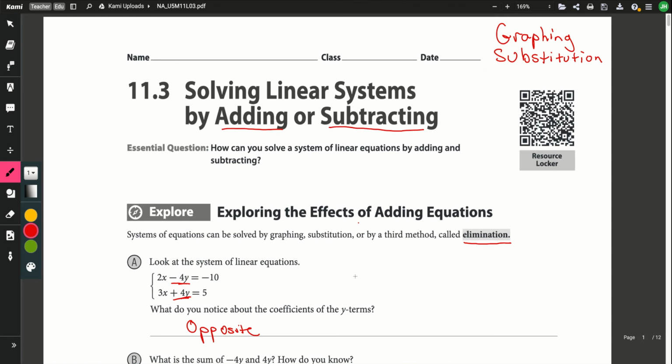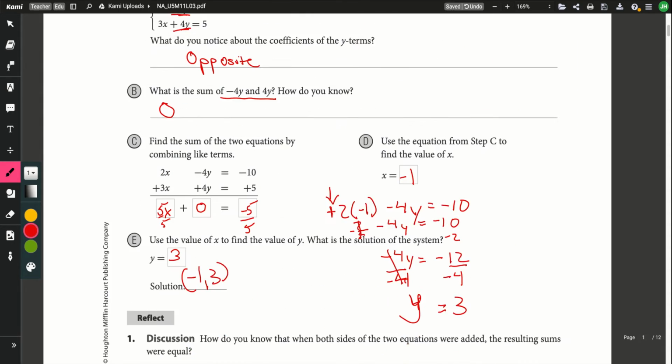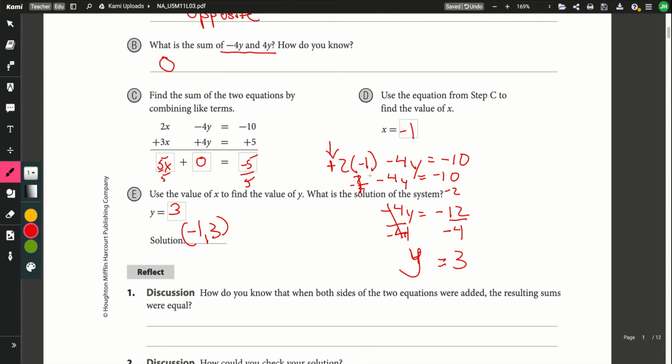That's not a negative 2, that's a positive 2. And so if that's a positive 2, then this is a positive 2 times a negative 1. That's a negative 2. To get it to the other side, you add 2. Negative 10 plus 2 is not negative 12. It is negative 8. Negative 8 divided by negative 4 is not positive 3, it is 2. So this should not be a 3. Oops. It should be a 2.